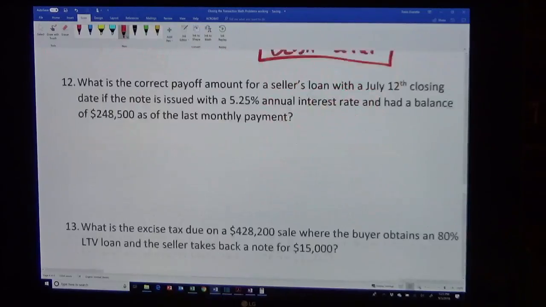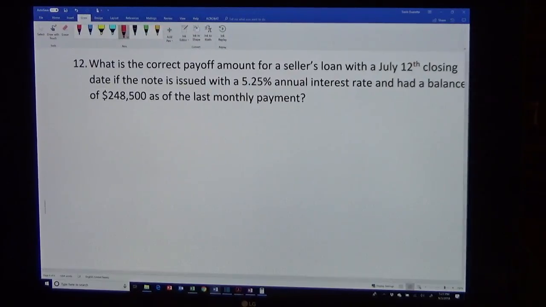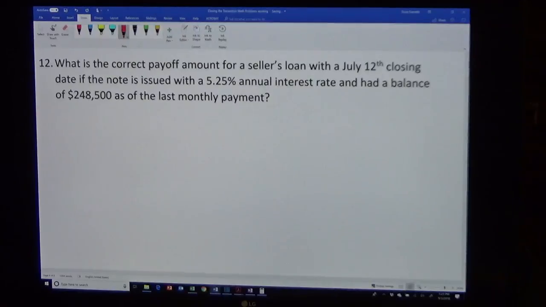Number 12, what's the correct payoff amount for a seller's loan with a July 12th closing date if the note is issued with a 5.25% annual interest rate and had a balance of $248,500 as of the last monthly payment?